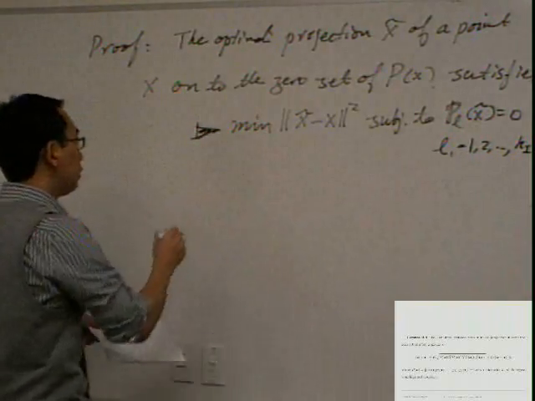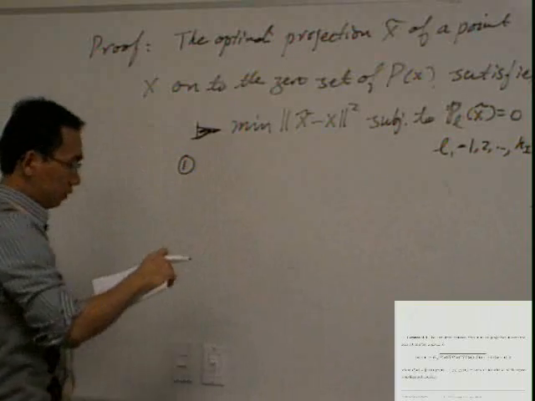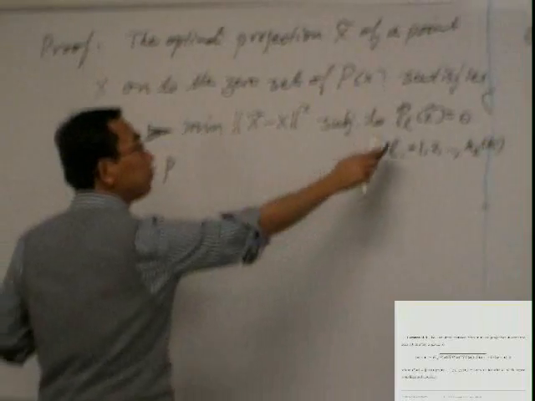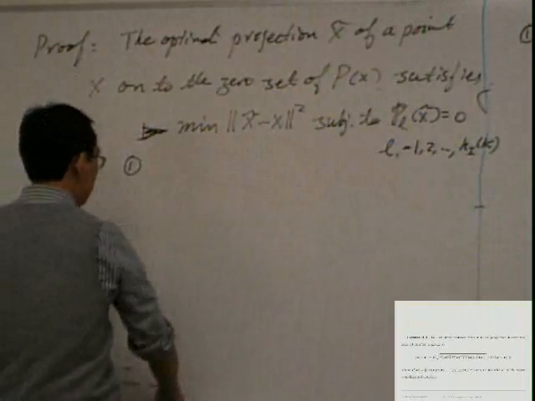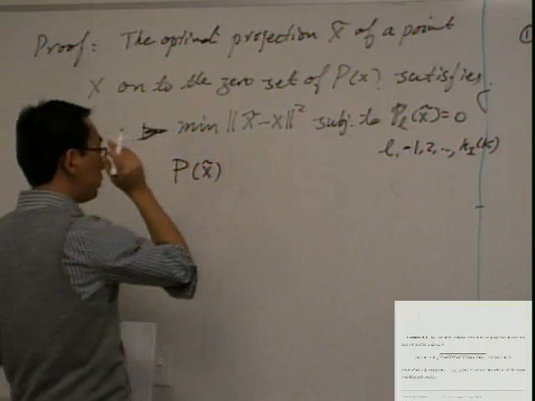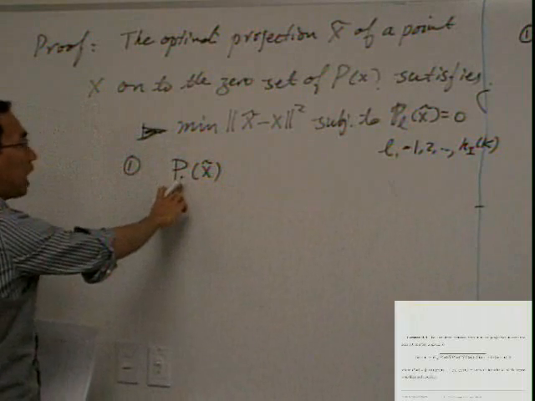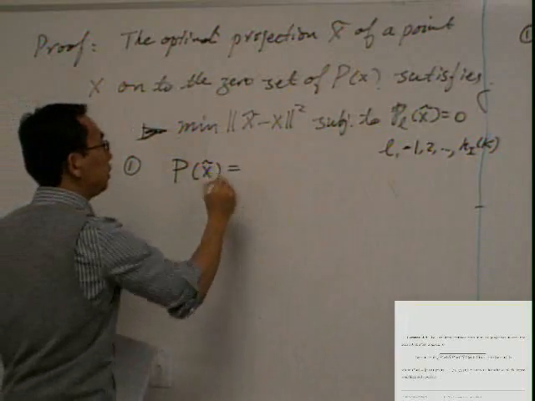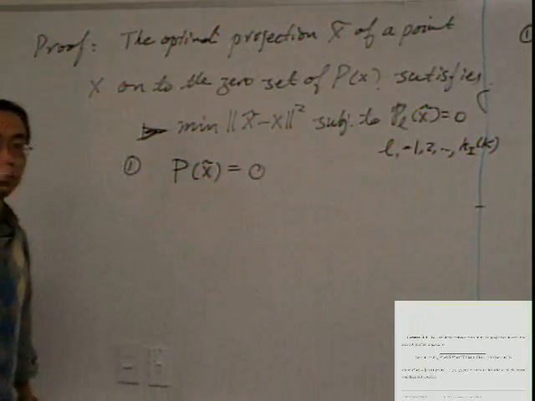So immediately we have two results. The first result is the evaluation, as I just said. If this is true for all the small p's, the evaluation of x tilde on capital P as a row vector has to be equal to 0, right?